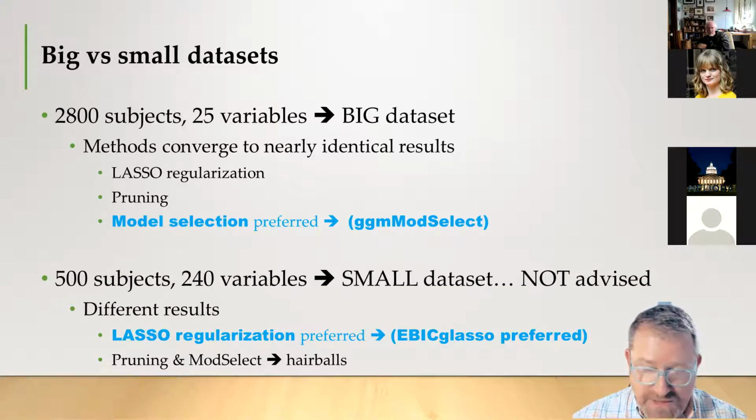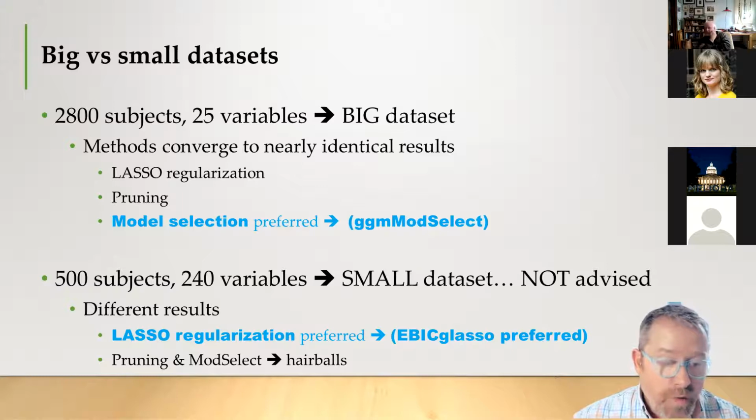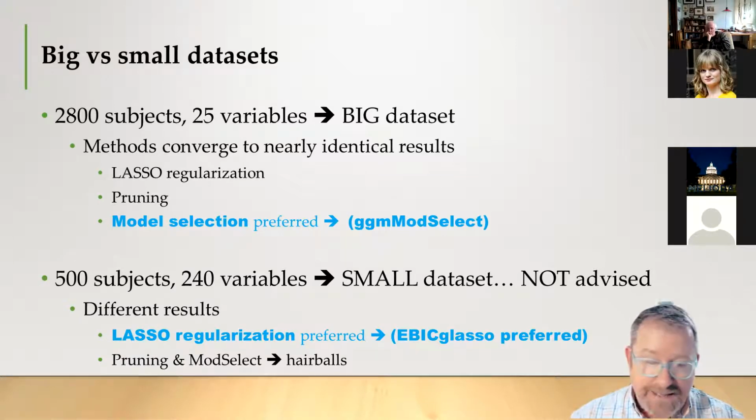Things like that are considered small data sets, in which case you probably shouldn't use model selection. You should use lasso regularization. That's where lasso regularization really works well. So the tutorial paper I sent you was specifically on doing network analysis in a smaller data set with lasso regularization. The example I'm going to show you today in the second half is in a big data set, so I'm actually going to show you using model selection.